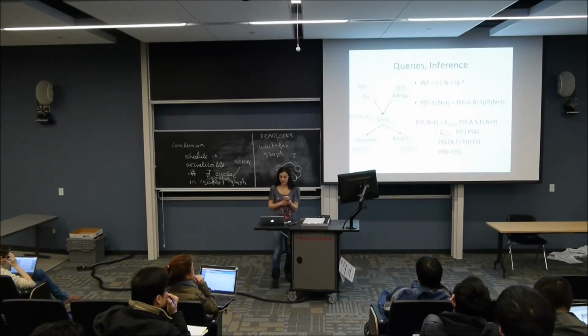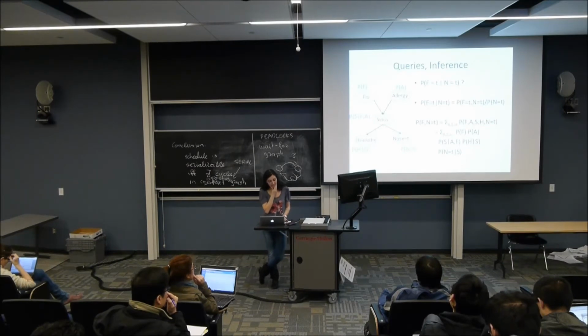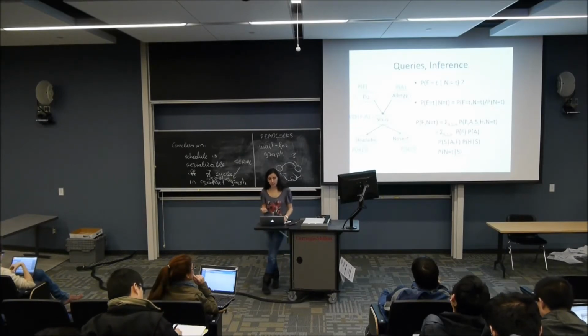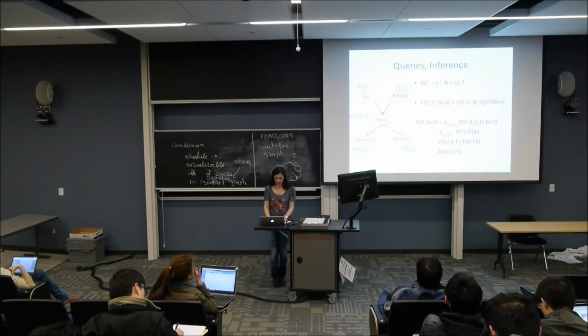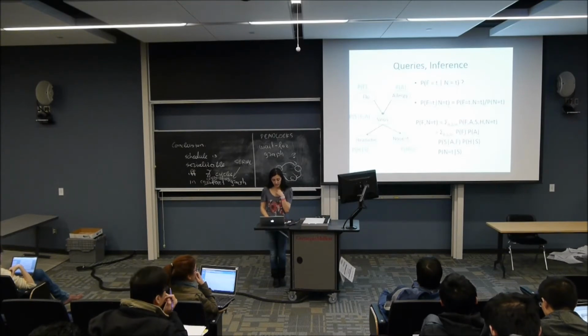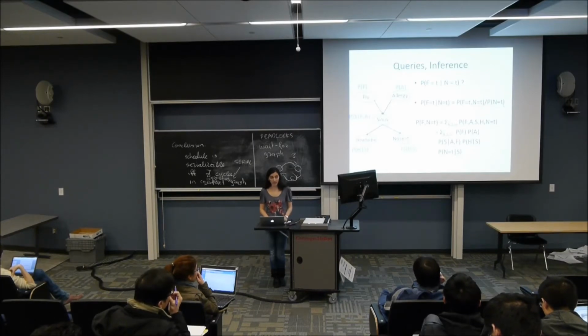So now we can use this Bayes net representation to make queries and infer, for example, what's the probability of having the flu if you have a runny nose. Okay. So remember, this is a conditional probability. So the probability of f being true given n equals true is the joint probability of f and n being true divided by the probability of n.